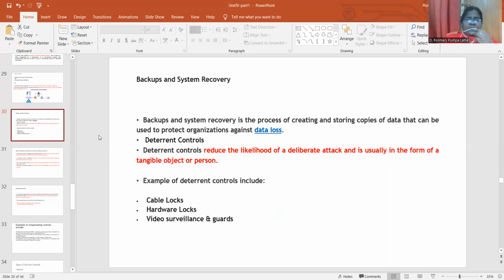The next one is deterrent controls. They usually reduce the likelihood of deliberate attacks. Examples of deterrent controls are cable locks, hardware locks, video surveillance, and guards. When you lock something, people cannot take your belongings. That is the main motive of this one.